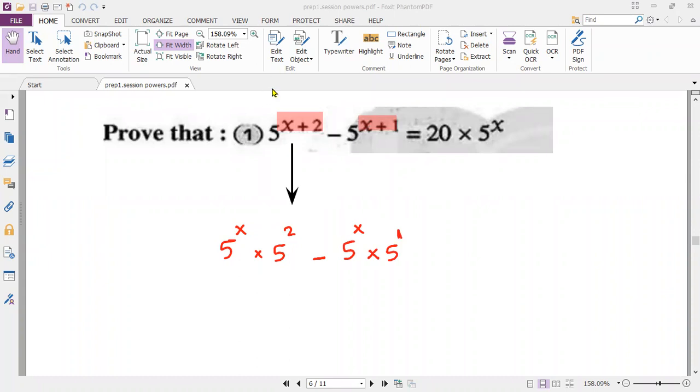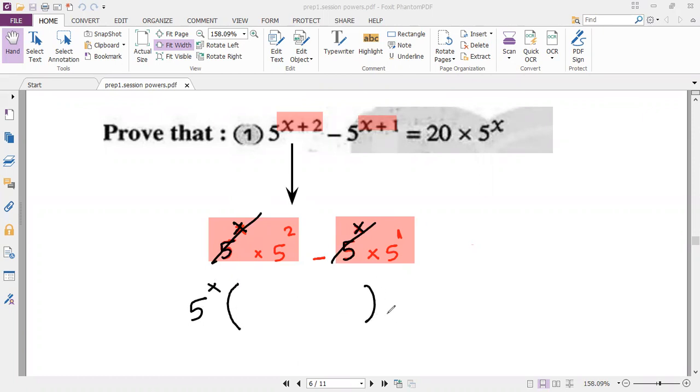We can factorize it by taking the highest common factor, if you remember. What is the highest common factor? We have two terms here. This is the first term and this is the second term. Okay. What is the highest common factor? We have here 5 to the power of x and we have here 5 to the power of x. So we can take it as a factor, write 5 to the power of x here and open brackets.